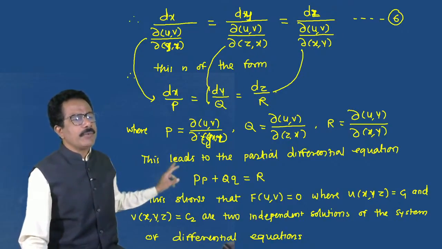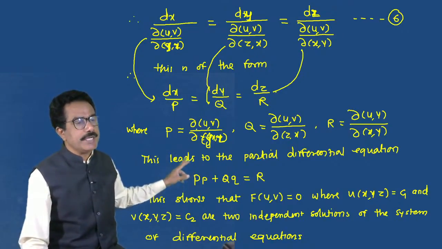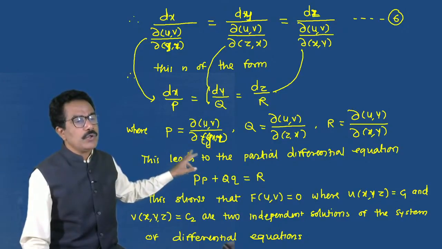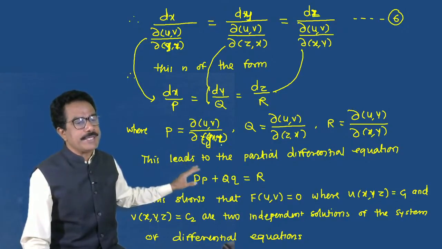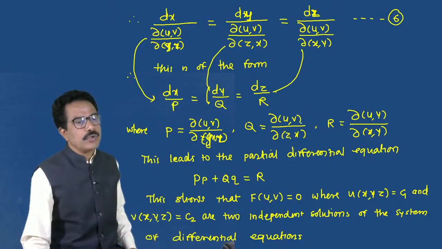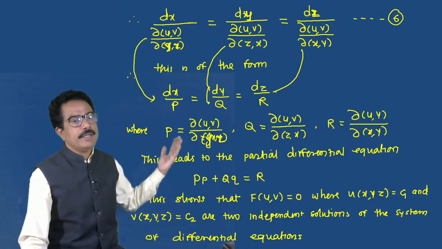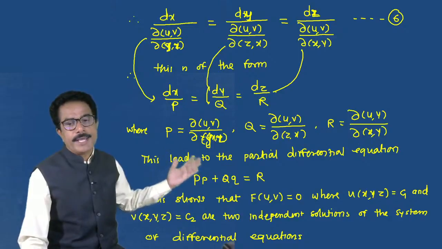So P, Q, R, we can write this notation: P is ∂(u,v)/∂(y,z), Q is ∂(u,v)/∂(z,x), R is ∂(u,v)/∂(x,y).